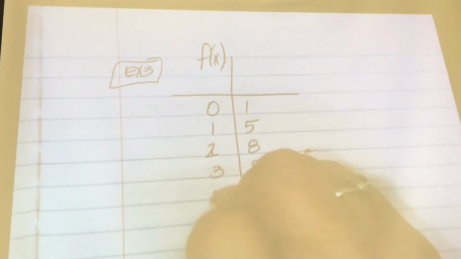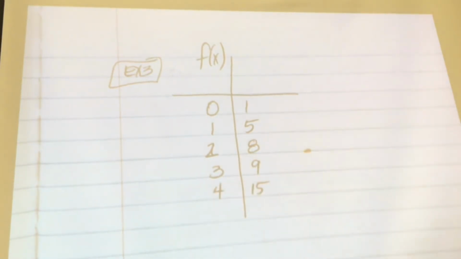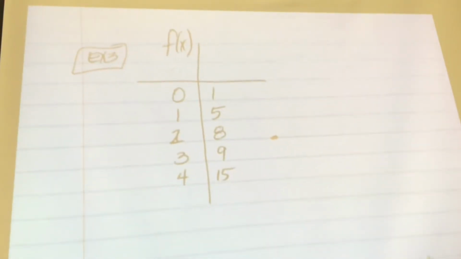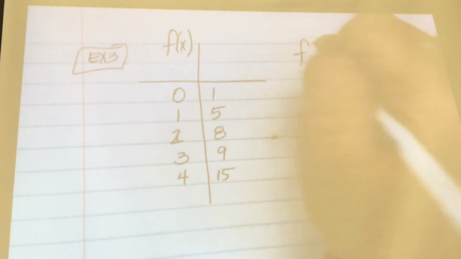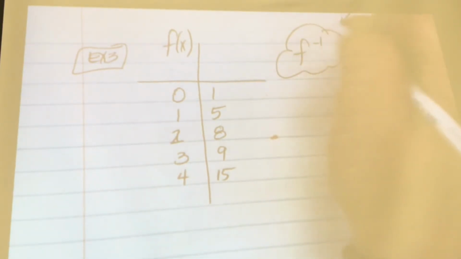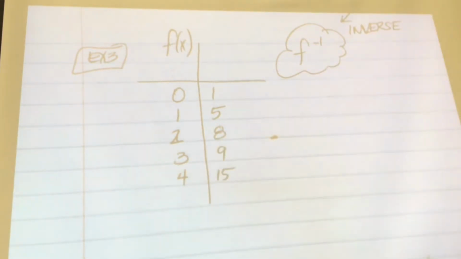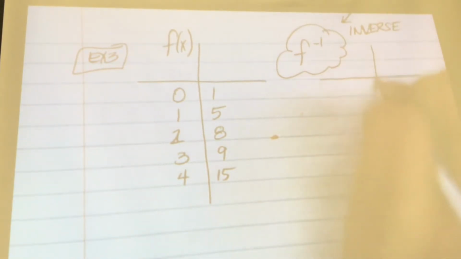So if I give you a function f of x, then the property of its inverse, which is written like this, the table of its inverse is very simple.